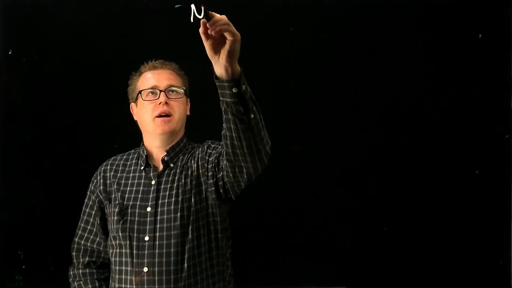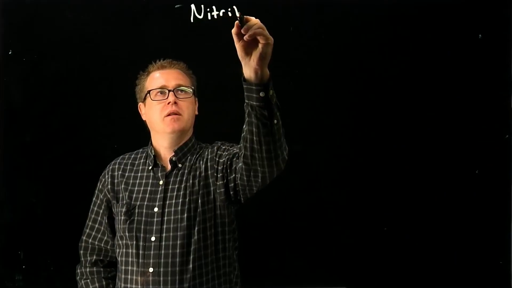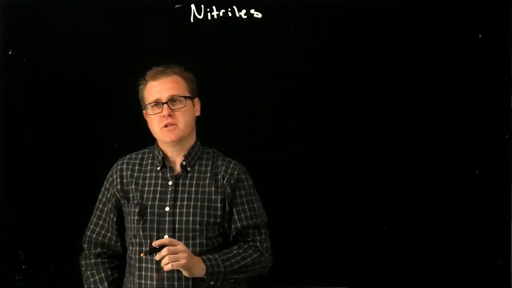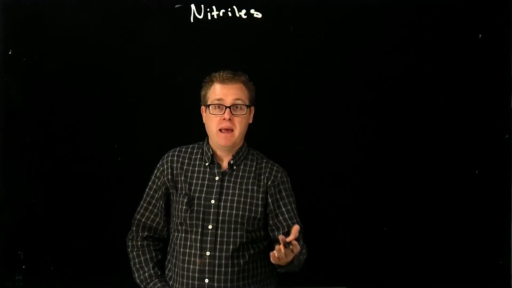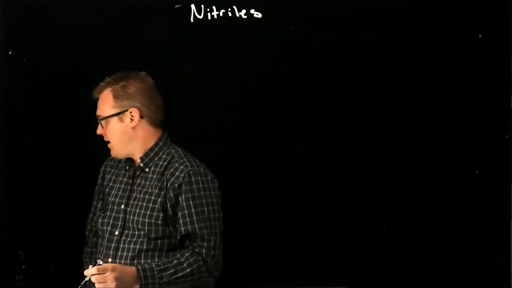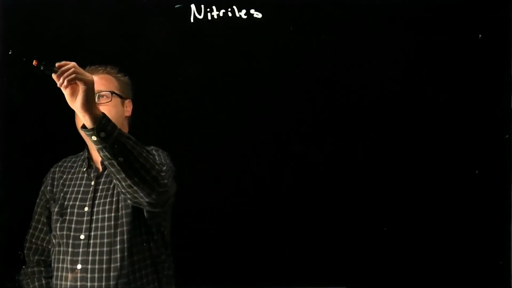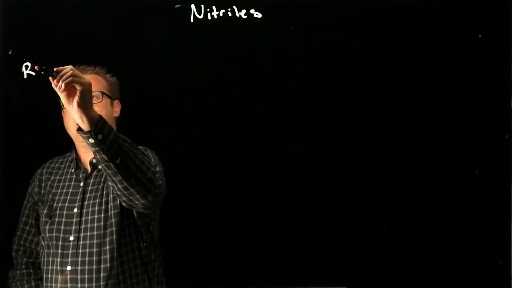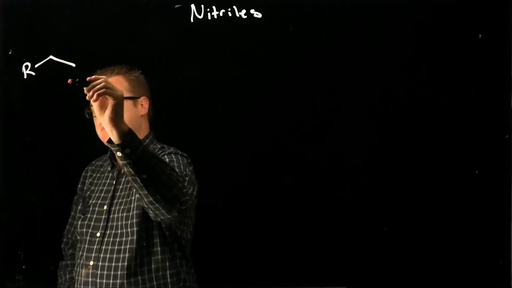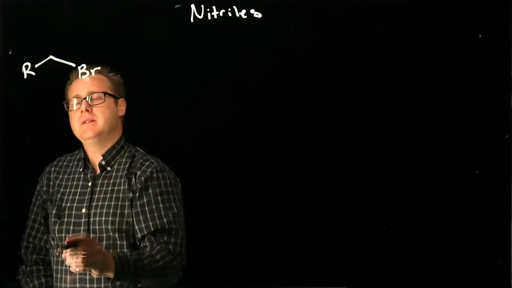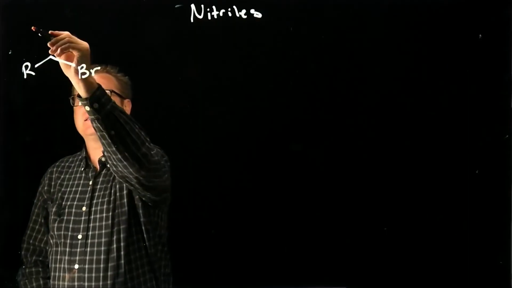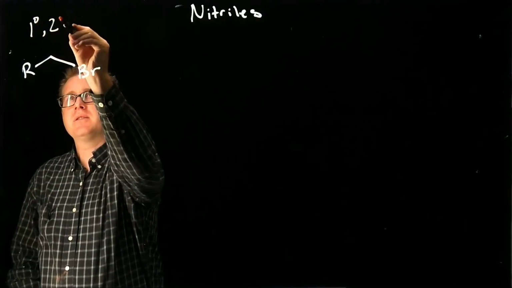Now what we're going to focus our attention on is nitriles. And we're first going to start off with how we make nitriles. You can do that if you take an alkyl halide, and this alkyl halide has to be primary or secondary.